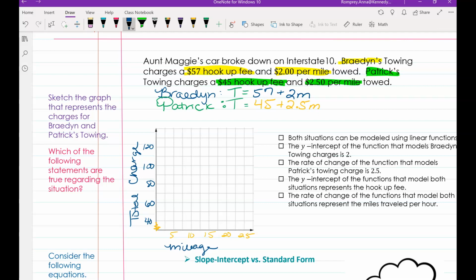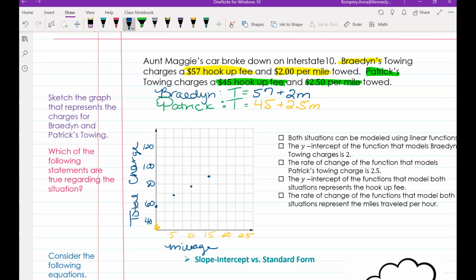Okay, so again, Braden is starting at, okay, so I'll make Braden blue. So Braden's starting at 57, so about there. So at 5 miles, I'm going to add another, so 67, 77, 87.